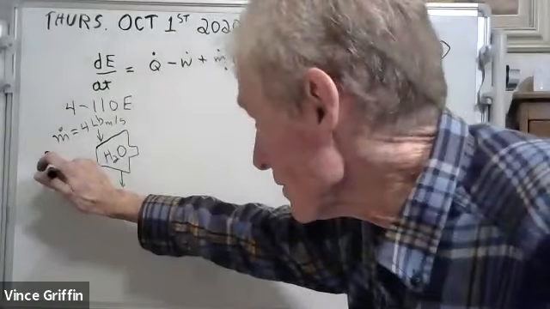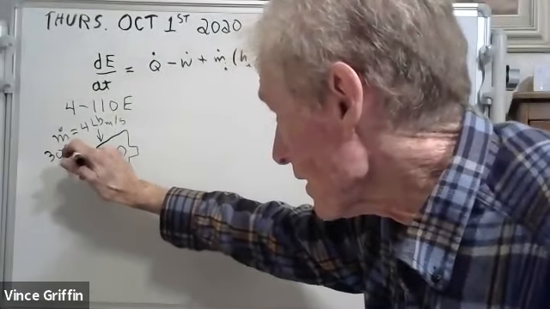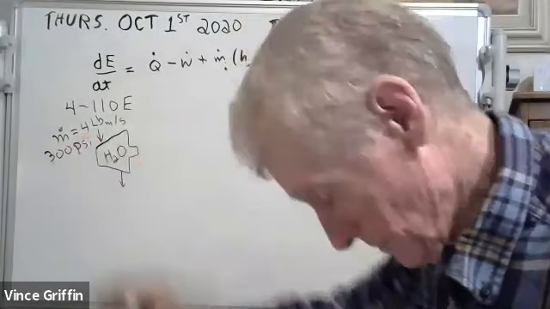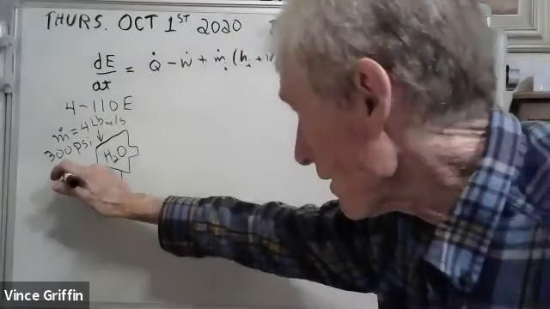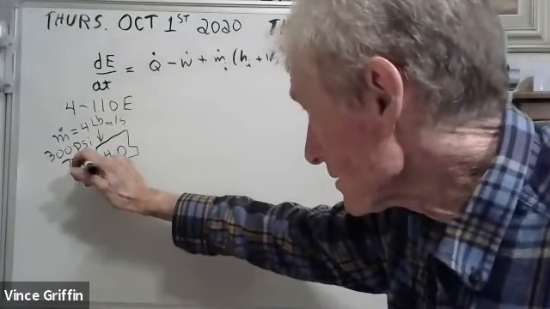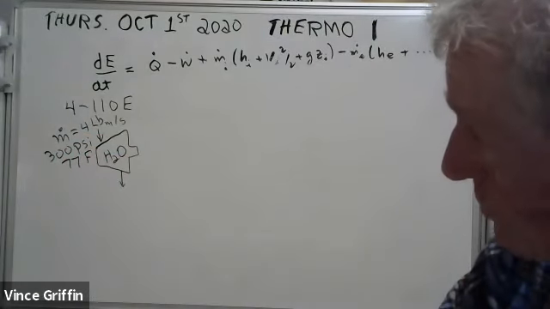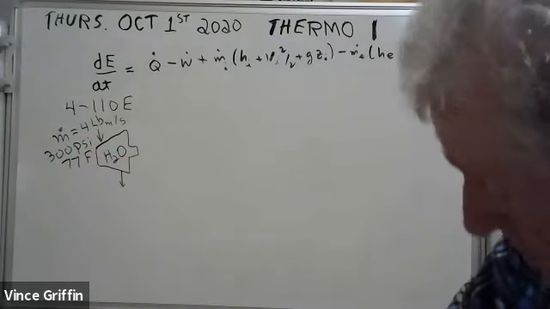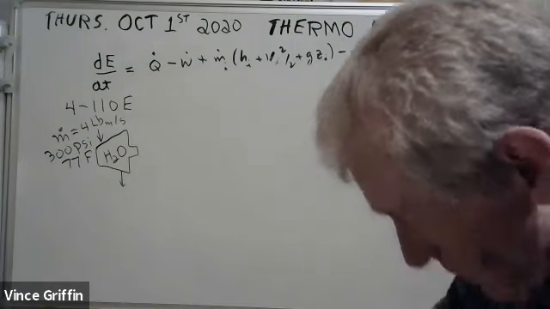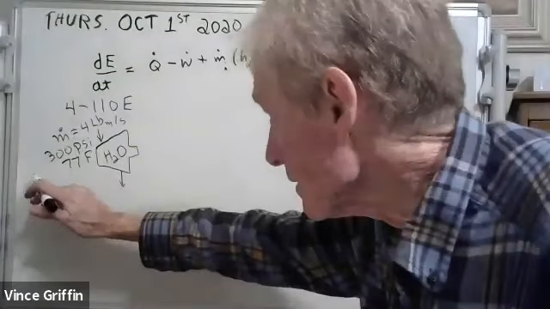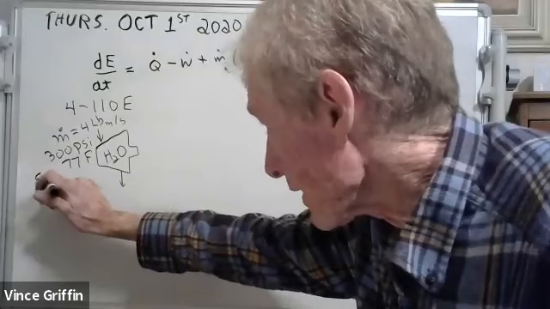At 300 psi and 77 Fahrenheit. That's kind of room temperature, but that's pretty high pressure there. A velocity of 50 feet per second.